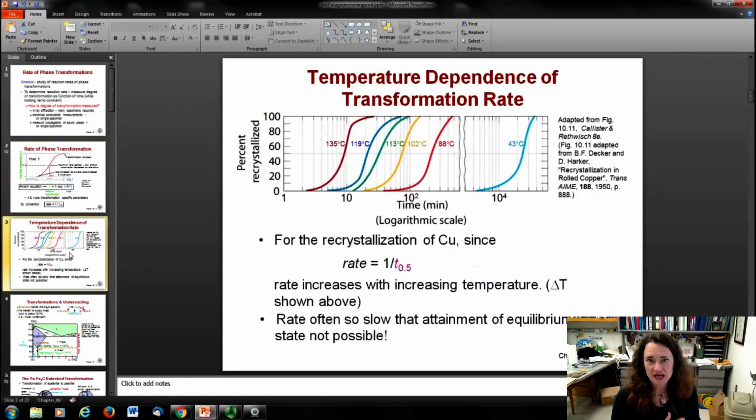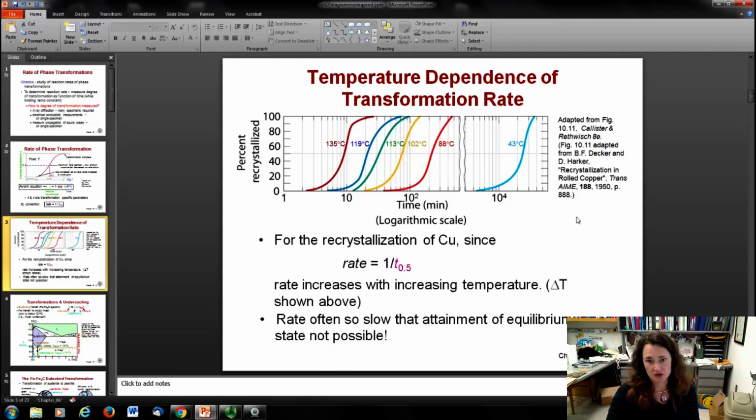Now you can look at these Avrami plots for different values of supercooling, different values of delta T. So here we see decreasing values of delta T, and you can see that as you supercool the material less, as you cool it 135 degrees, for example, below the melting temperature, all the way down to simply 43 degrees below the melting transition temperature, the time that it takes for the material to form a solid increases by a lot.